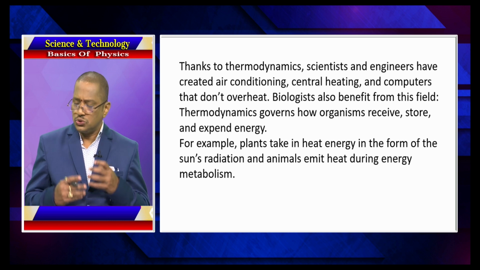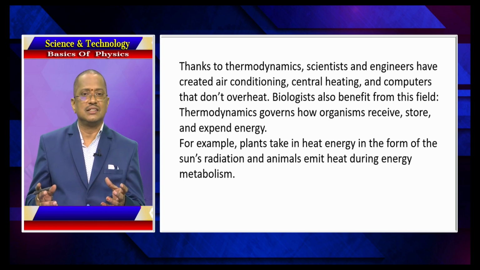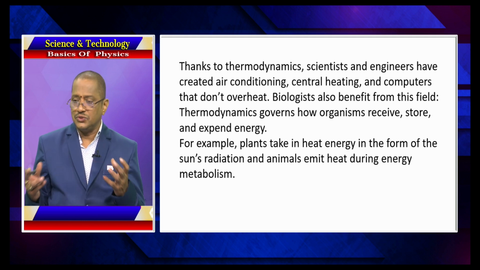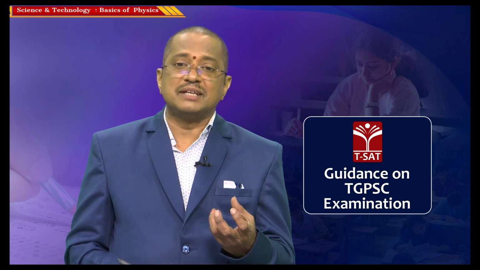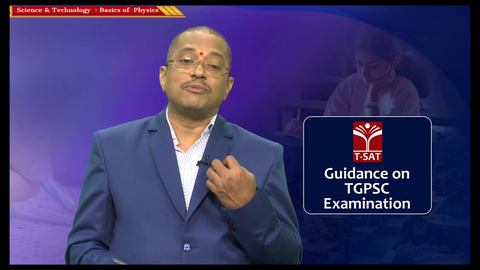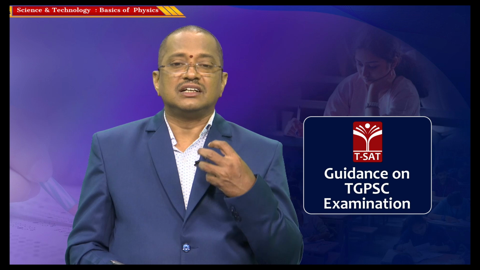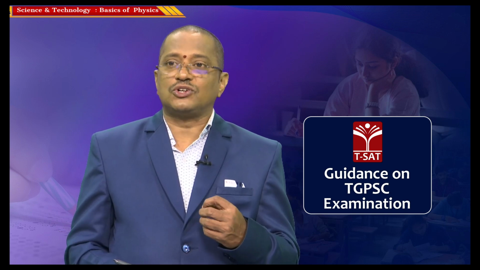So if you want to store objects, we are using refrigerators, which means air conditioning, and we are using air conditioners. For example, plants take in heat energy in the form of the sun's radiation, and animals emit heat energy during metabolism. As you know, plants take the energy in the form of photosynthesis.